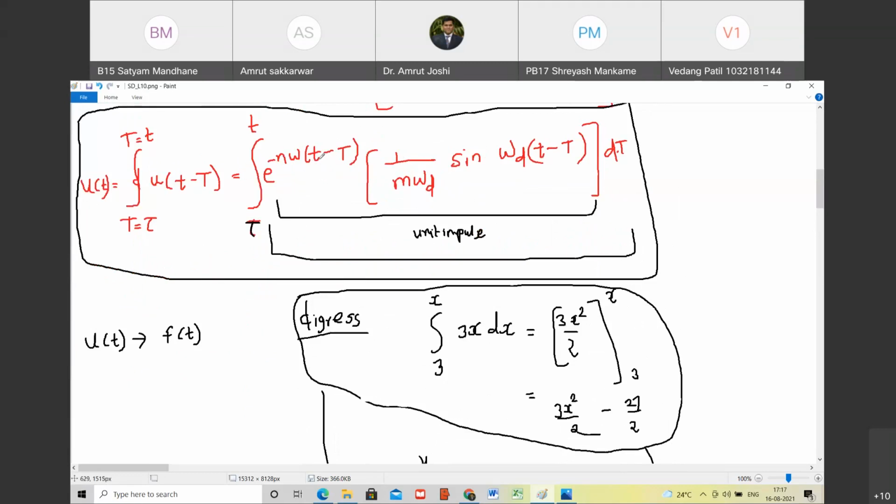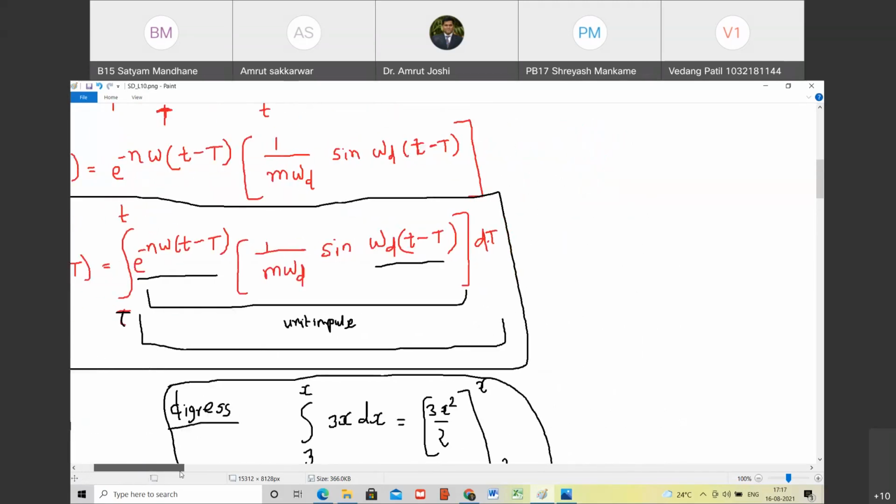It is a function, meaning a very complicated integration, because you have a complicated function sitting here and a complicated function sitting here. Are you with me? Yes, sir. So it is not always possible to analytically evaluate this integration, and therefore you may have to use numerical methods to evaluate this integration. Are you with me? Yes, sir.